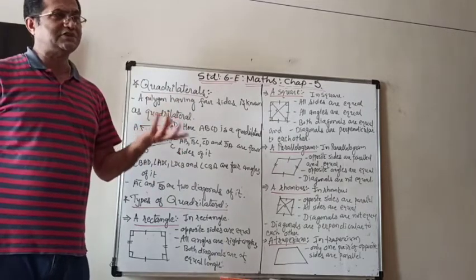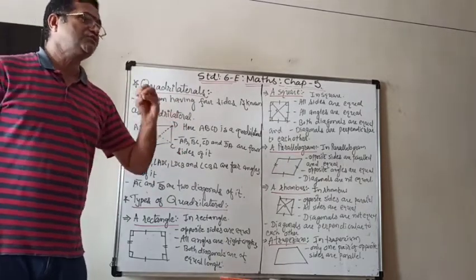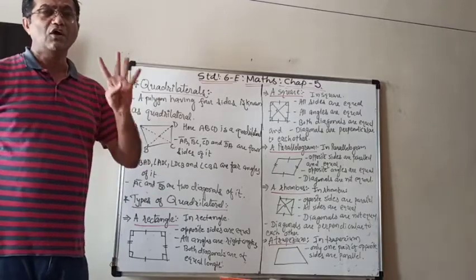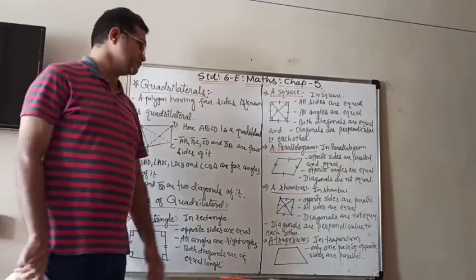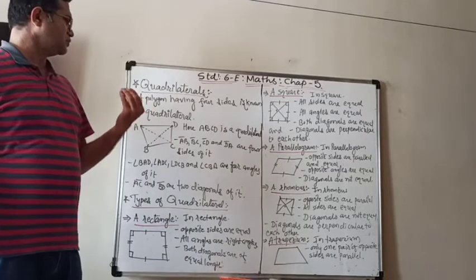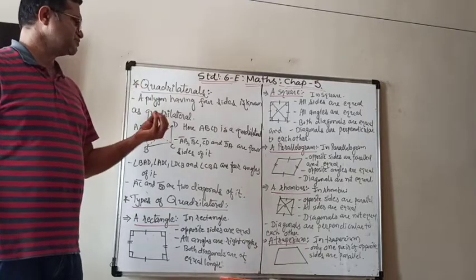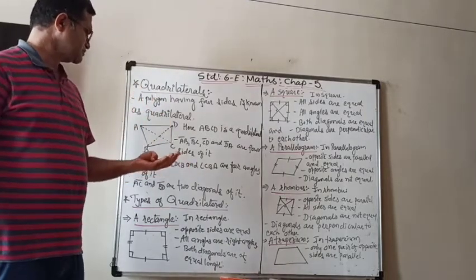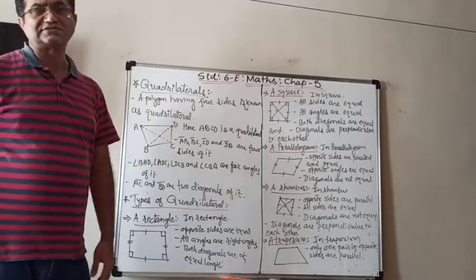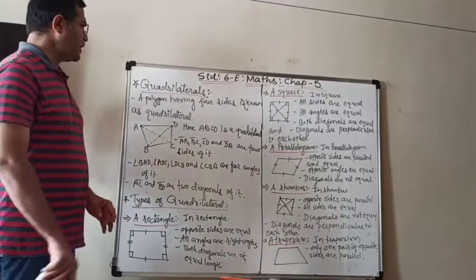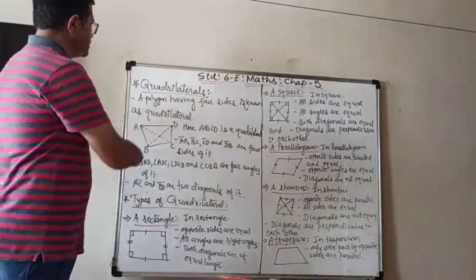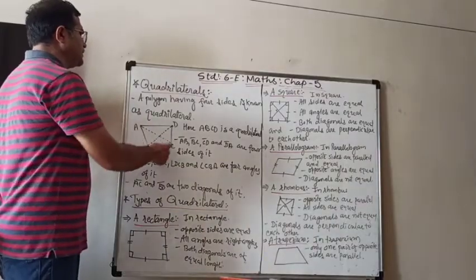Obviously it is a polygon, it means it is a closed figure made up of four line segments. Now we have to learn about its sides, its angles and its diagonals. So now here I draw a rough diagram of a quadrilateral.